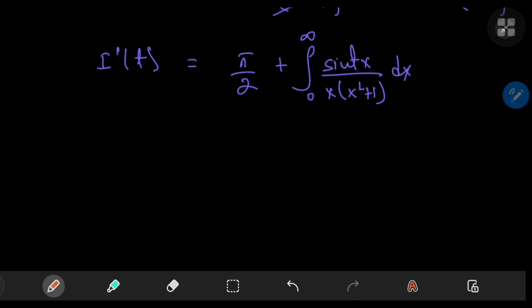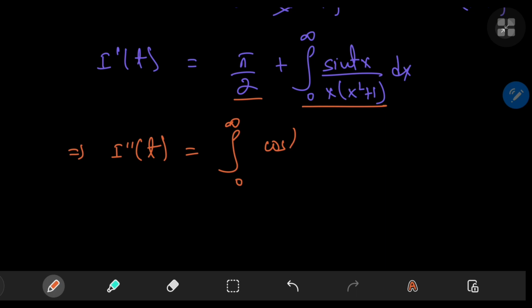Now we're going to differentiate with respect to t again. So that gives us the second derivative of I with respect to t. And the derivative here is 0, of course, because pi by 2 is a constant. And for this integral, we're going to again apply the Leibniz rule. So we have the integral from 0 to infinity, differentiating partially with respect to t. That means you're going to get the cosine of tx, and using the chain rule, you'll have a factor of x divided by x times x squared plus 1 dx.